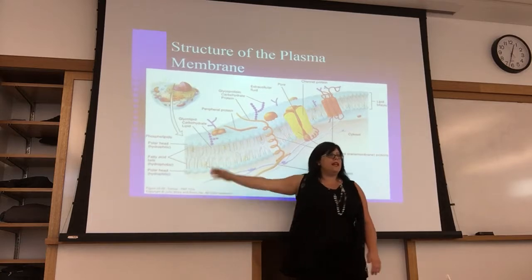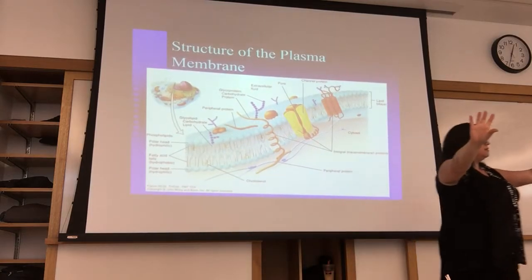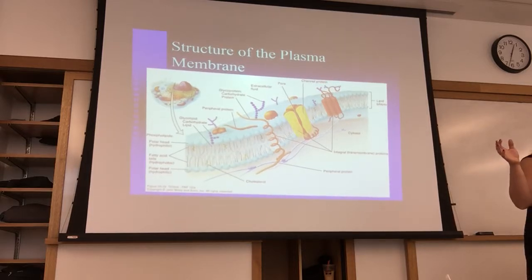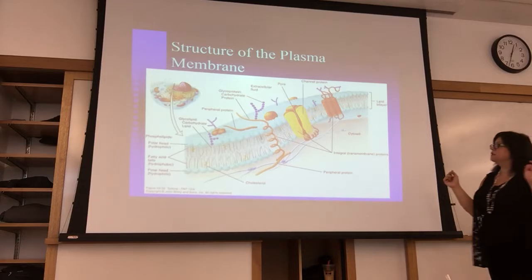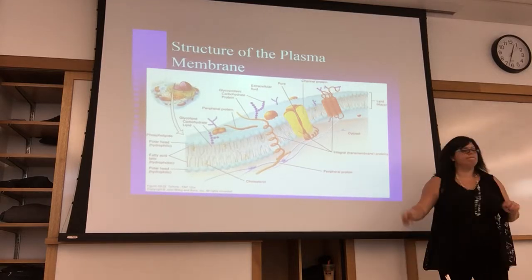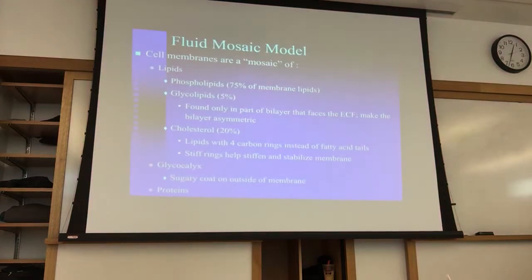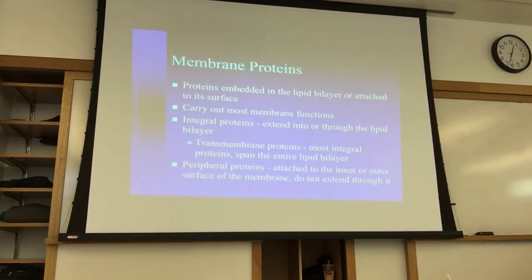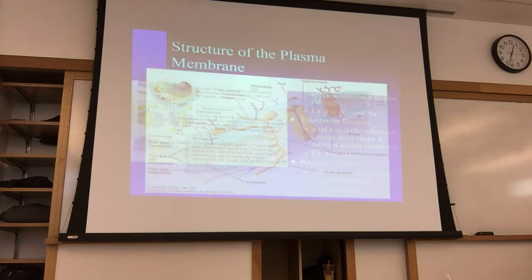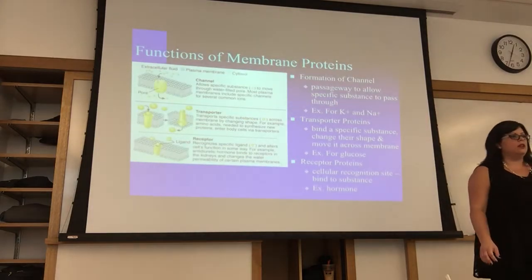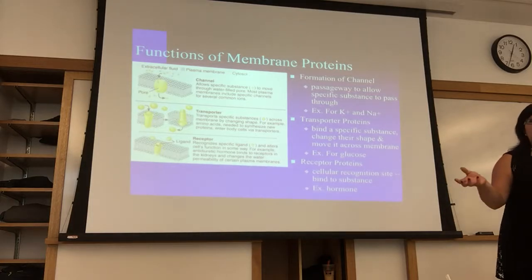It's fluid. It's like a layer of bubbles. And the proteins can move across within those bubbles, and they're not going to pop. We say this is the fluid mosaic model. Right, it's a fluid mosaic model, that model of the plasma membrane.